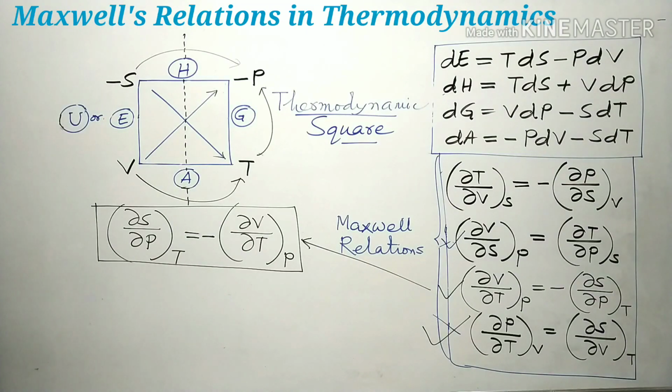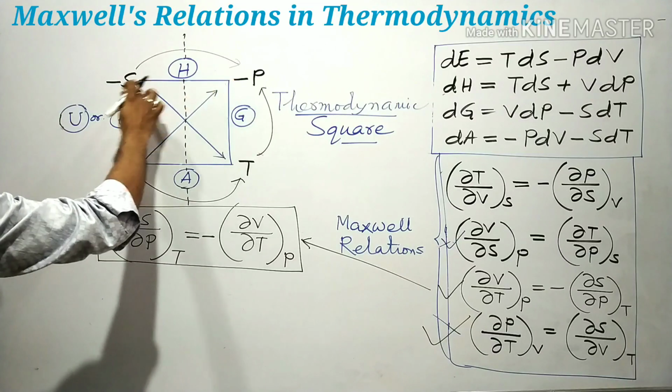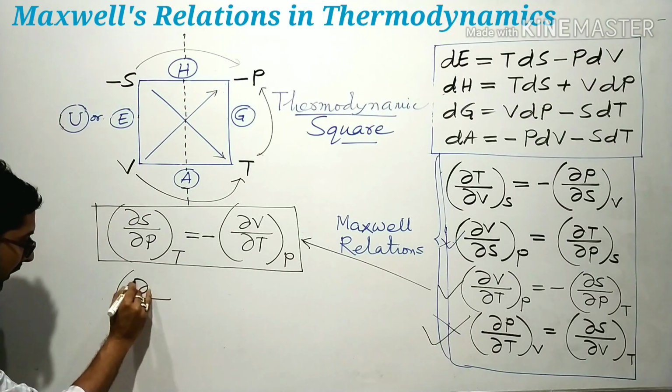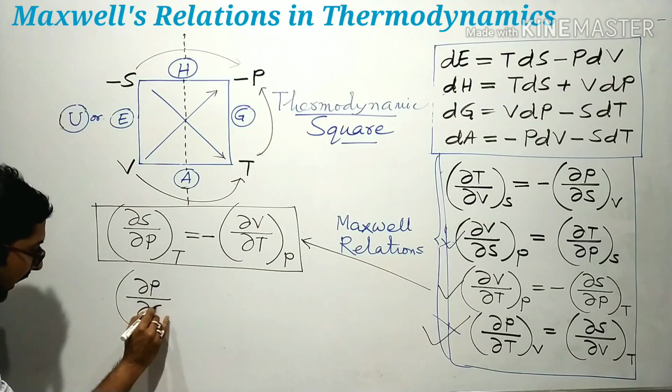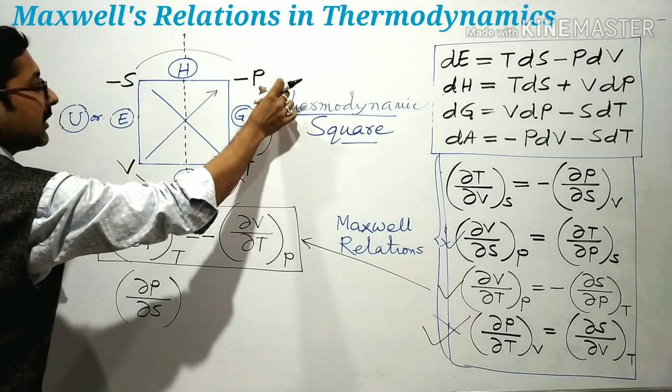And lastly, we have to find the last one. Now we have to divide del P by del S. Del P del S at constant what?